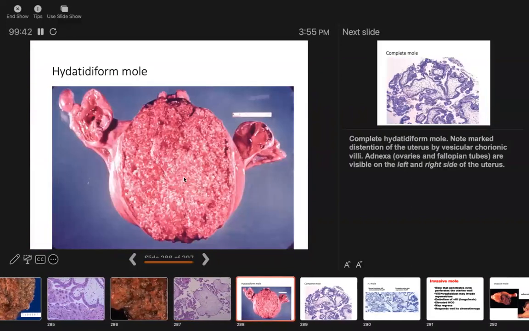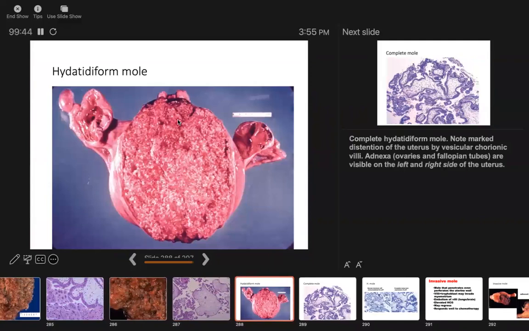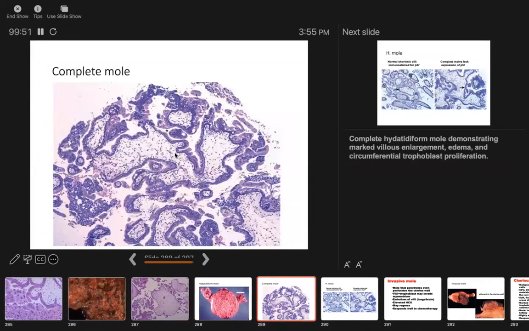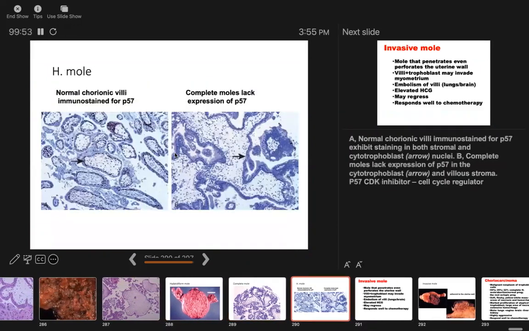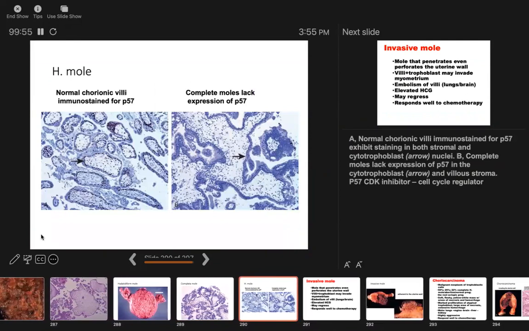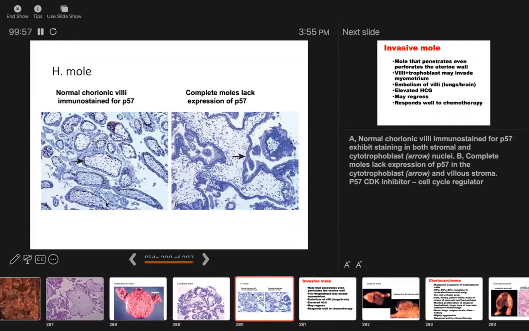So this is an example of vesicles that literally filled up the uterus and ended up with hysterectomy. This is an example of a complete mole, and this is an example of markers like P57. Expression of P57 can be useful for normal chorionic villi and complete mole, because here it is expected to be positive, here it is expected to be negative.